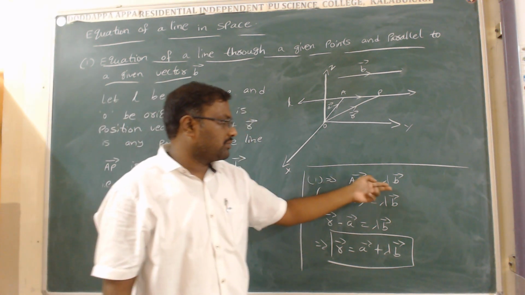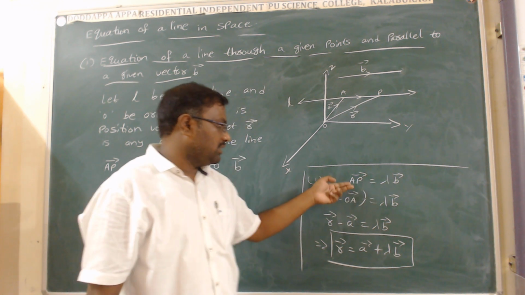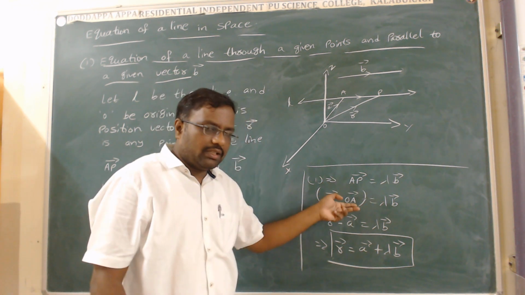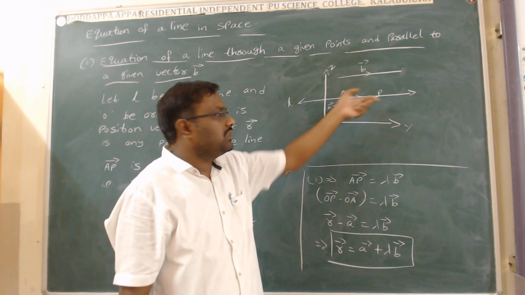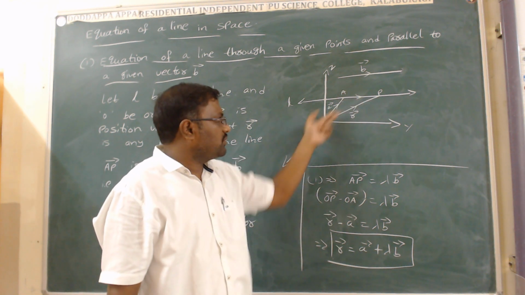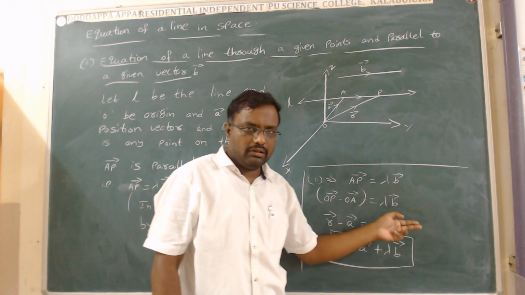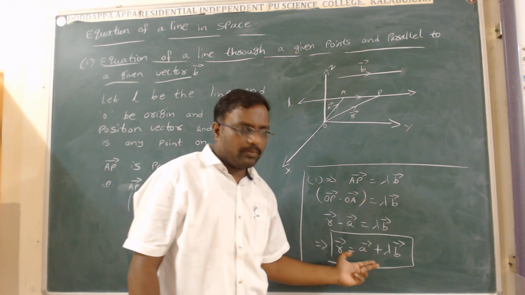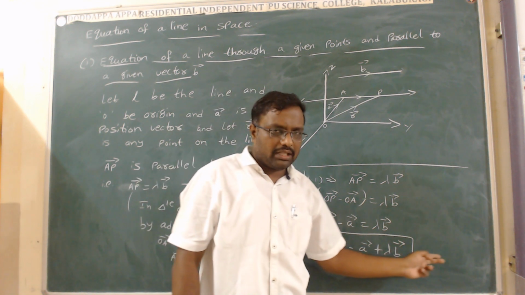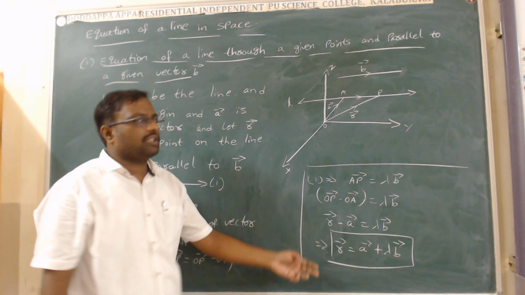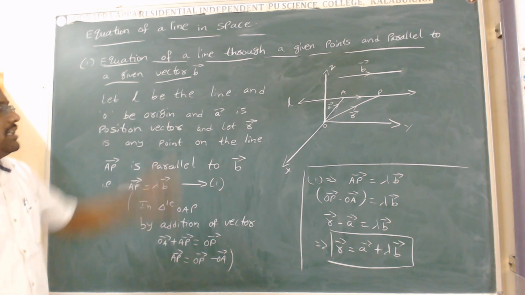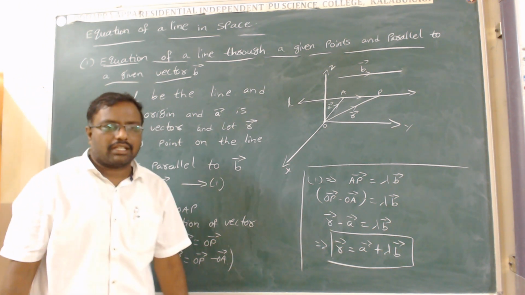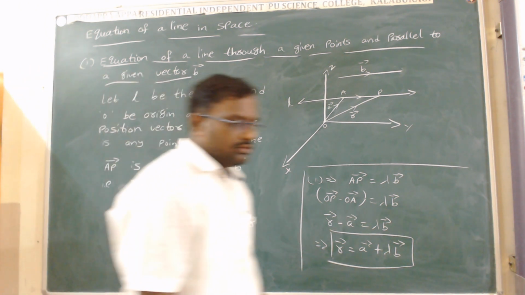So AP means OP minus OA vector, and OP means vector R, OA means vector A, so vector R minus vector A is equal to lambda of vector B. Taking minus A to that side, it becomes plus. So vector R is equal to vector A plus lambda vector B. This is the vector equation of a line through a given point and parallel to a vector B.